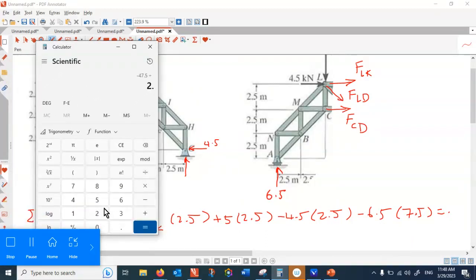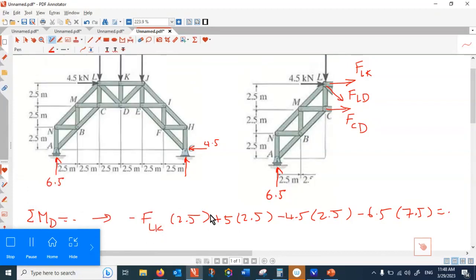I got FLK equal to 19. Let's check: that is positive, negative, negative. I take that here, it becomes minus negative. You're right, so that is minus 19.